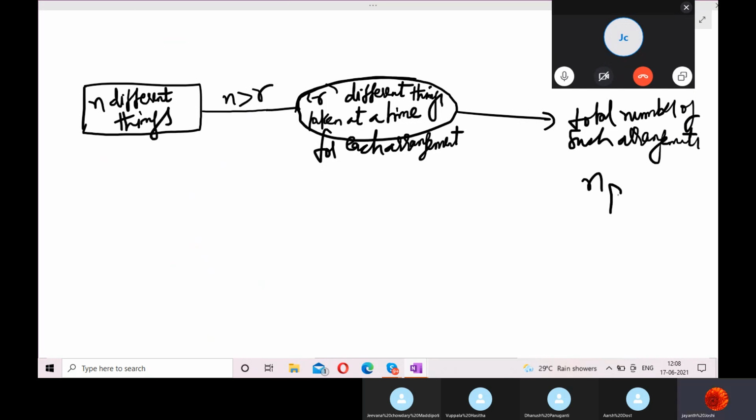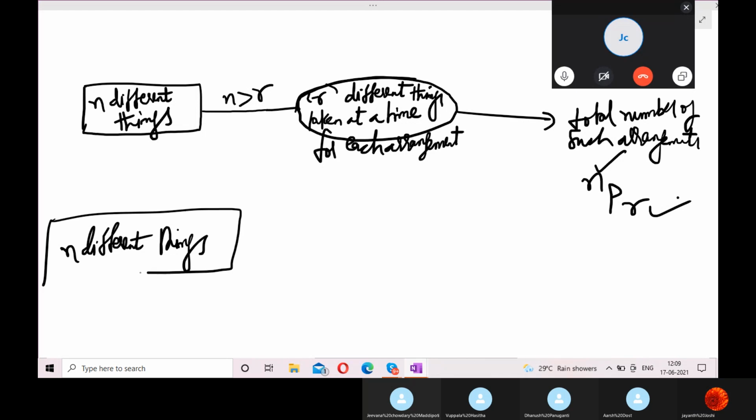Given is n, out of that you are arranging how many digits? 2 digits in our example. So you have n different things and you need to take r different things at a time for each arrangement. So out of 3 numbers given you are arranging and making 2 digit numbers. So let's say here n different things, and here there are r blank spaces.